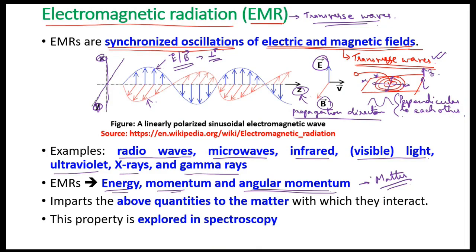So these electromagnetic radiations move in a particular direction, which I called the propagation direction, and while moving, at some point of time they will interact with matter. Now when interacting with the matter, these EMRs impart the above quantities to the matter.